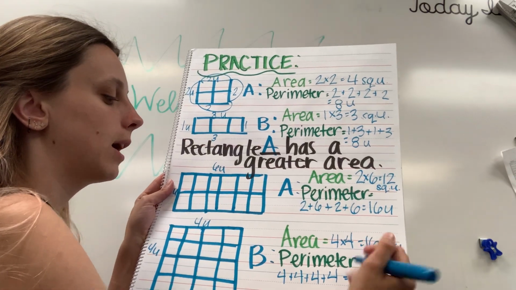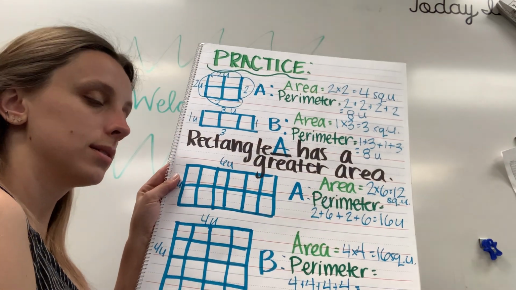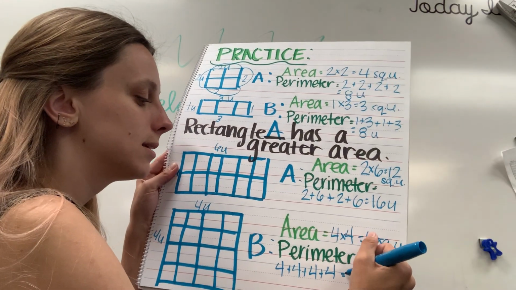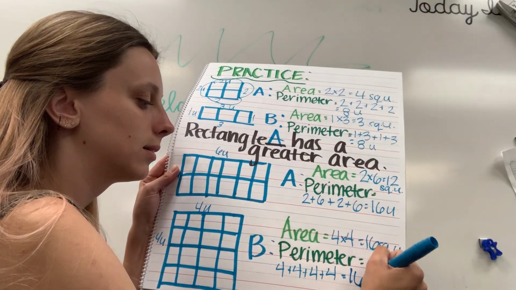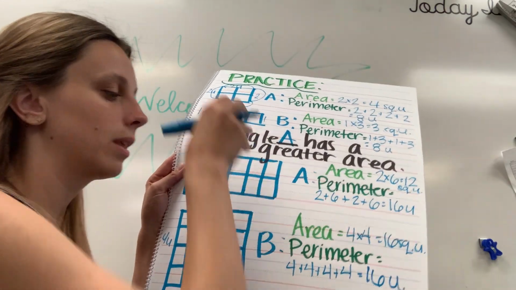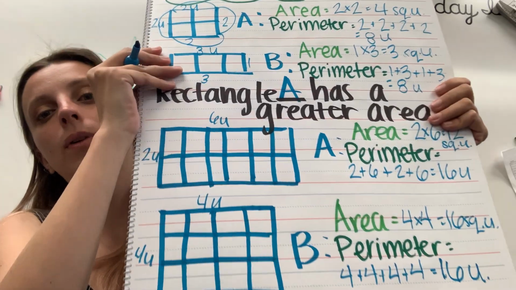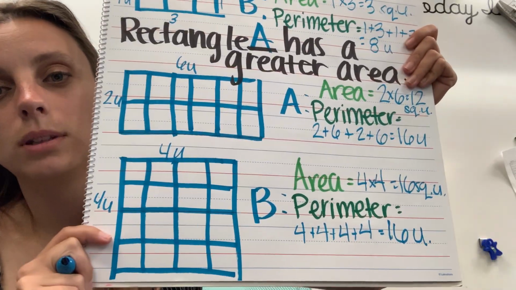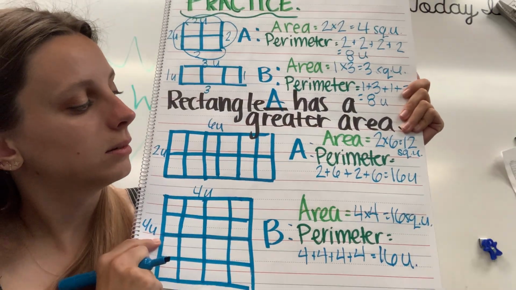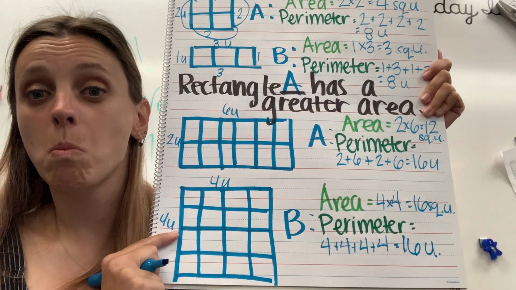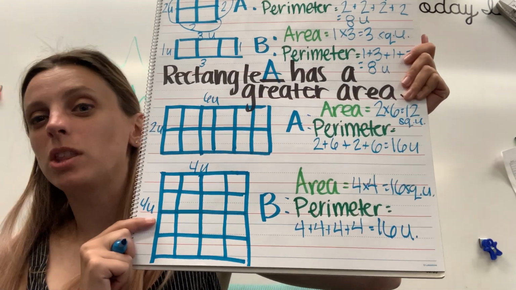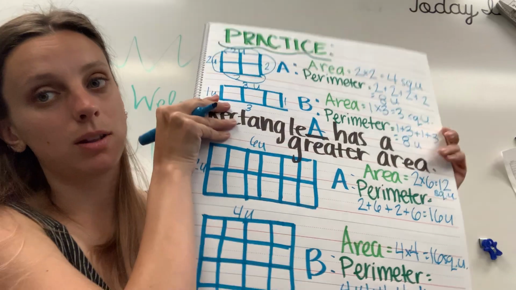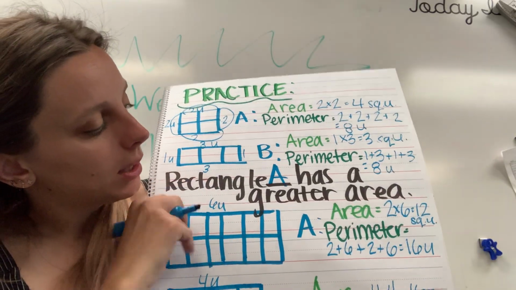Either way, you're gonna find that your perimeter is 16 units. So in this case, when you were given a square, we found out that the area and the perimeter were the same, except for the units, right? Area is square units.